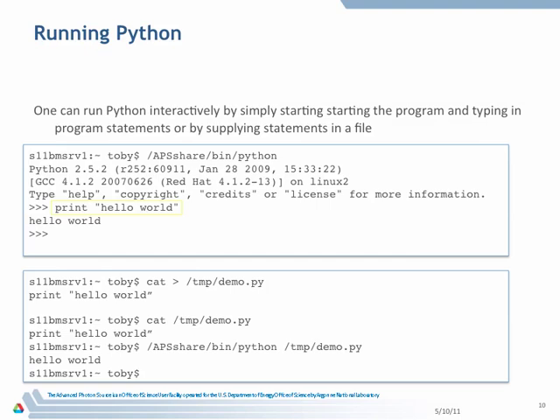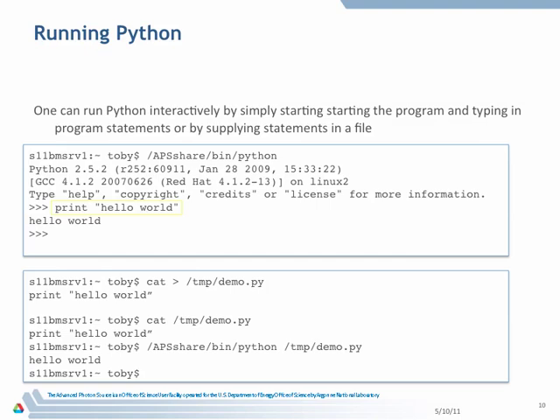I start up Python, and it comes back and tells me what version I'm using. This was done on a beamline computer, so it's Python 2.5.2, and that is where I get a prompt where I can type something. So I type in print hello world, and it responds by executing that command and prints out hello world.